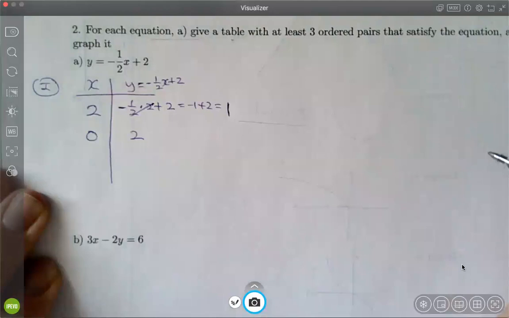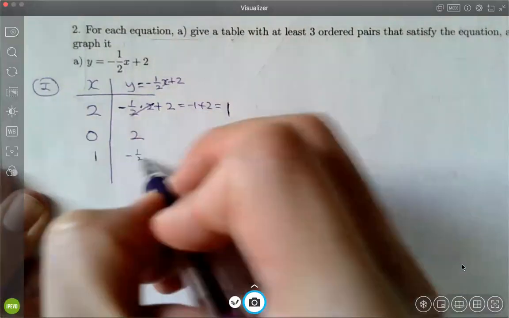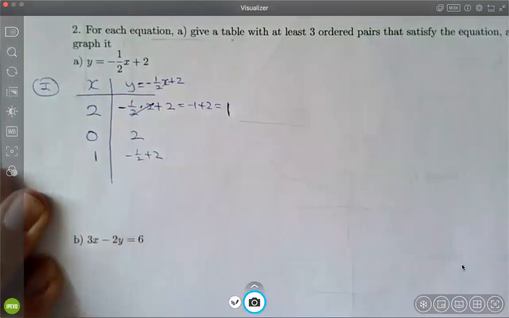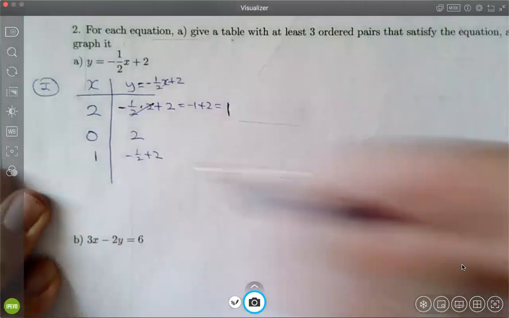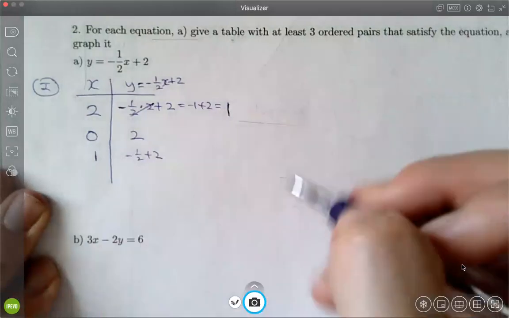Some of you said 1. So what happens when x is 1? You get negative 1/2 plus 2, right? Is this a whole number? No, because that's a fraction. So 1 is not a good number.